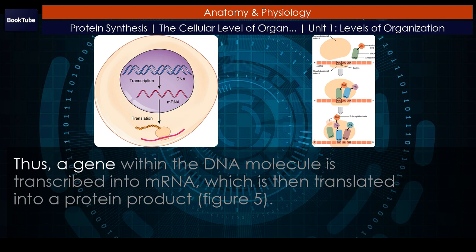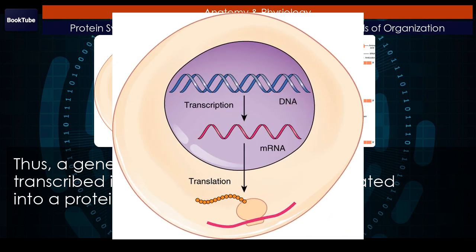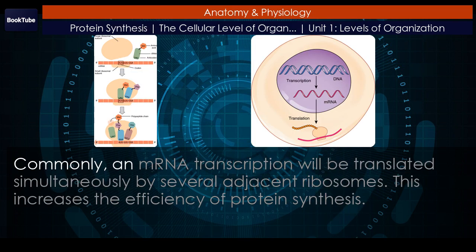Thus, a gene within the DNA molecule is transcribed into mRNA, which is then translated into a protein product. Figure 5. Commonly, an mRNA transcript will be translated simultaneously by several adjacent ribosomes. This increases the efficiency of protein synthesis.